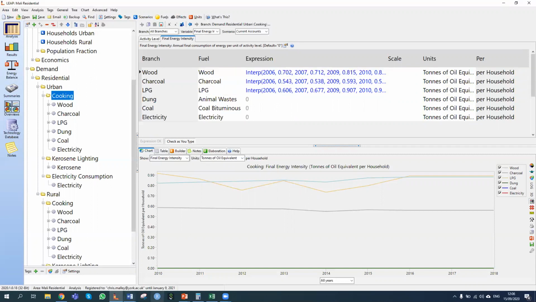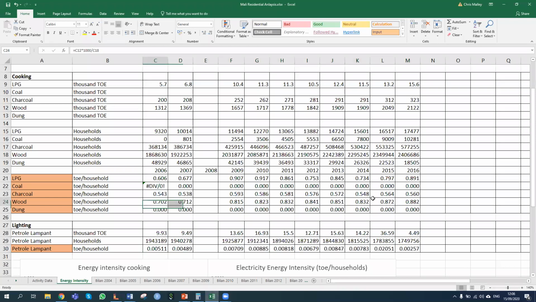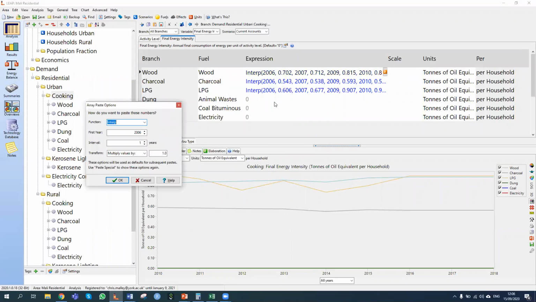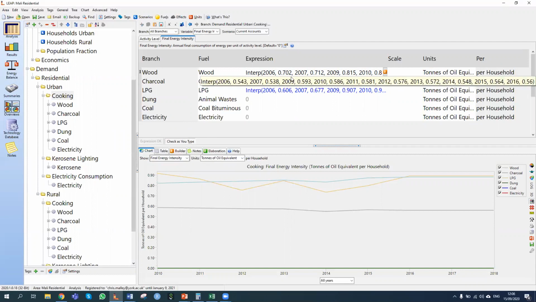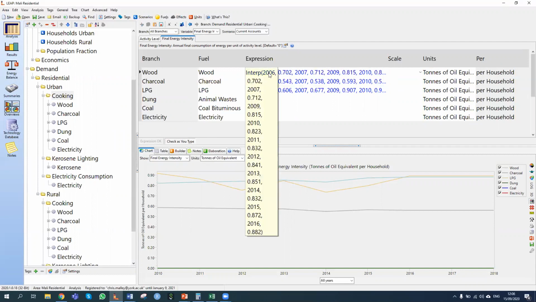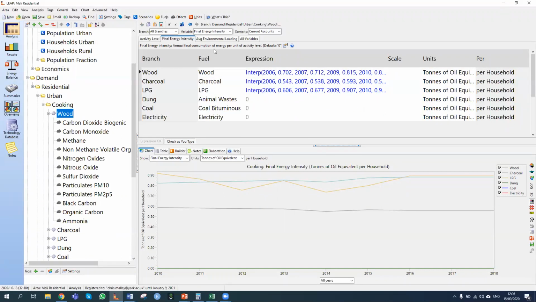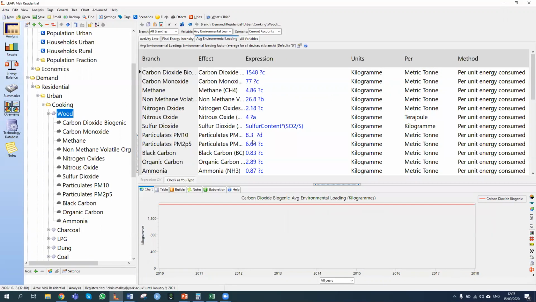So I now have copied, for example, the energy intensity of wood, and I have pasted it in to give me my final energy intensity. That's all the data that I need to enter. The final level down gives us our emission factors for each of these pollutants: greenhouse gases, short-lived climate pollutants, and air pollutants that are included in the analysis.